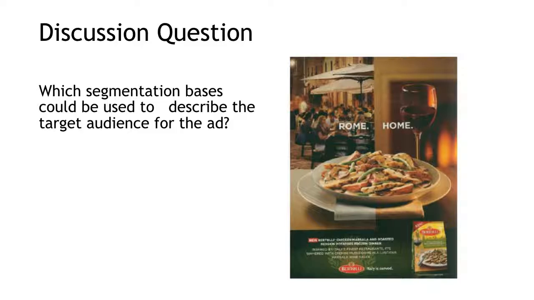And I'd say that this is trying to really target a higher income demographic who like to travel and try new cuisine. So there's sort of a geographic and psychographic dimension to this ad and the target market to whom it's trying to appeal.